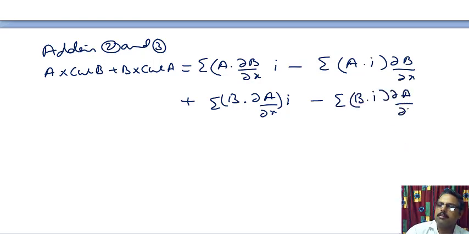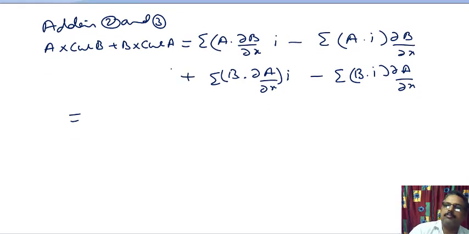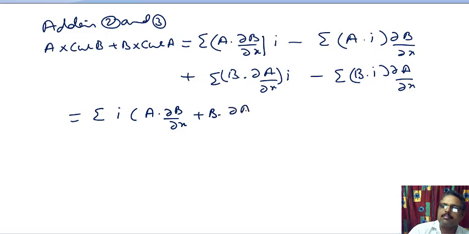Then what happened? The corresponding first two terms, if you take i common, so i into (A dot ∂B/∂x plus B dot ∂A/∂x), sigma.